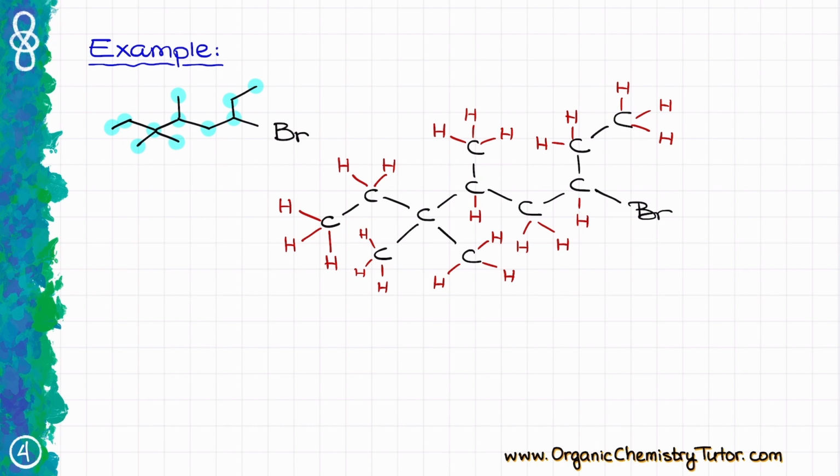So that, in a nutshell, is how we're going to deal with the bond line structures. And of course here we do have a bromine, so if I wanted to show the electron pairs on bromine, I would do so as well. So now I'm showing not only all hydrogens, but also all the electron pairs.